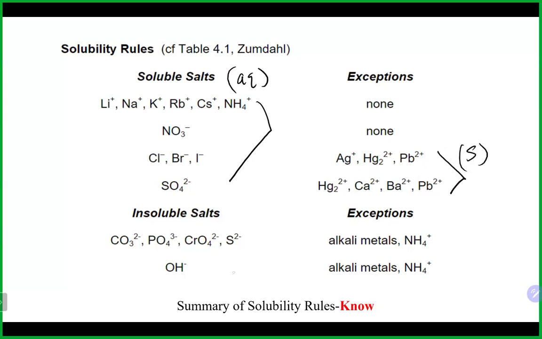Down here, these are guys that are typically solid on the left-hand side, but if you have somebody on the right-hand side here, they will be aqueous, yeah? So that is kind of a table version of the words, so that might be easier to remember. Obviously here they want you to remember everything, so you do need to know the solubility rules, so make sure that you know these. Any questions on that? Okay.